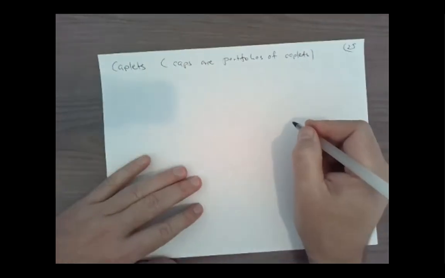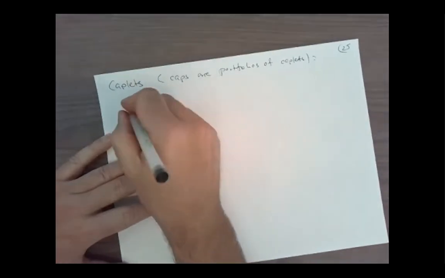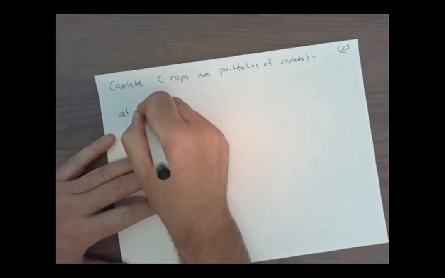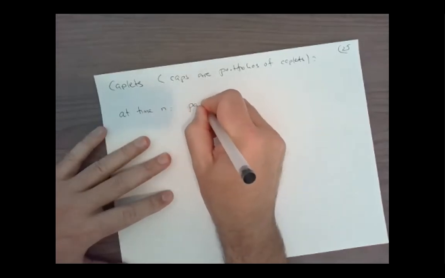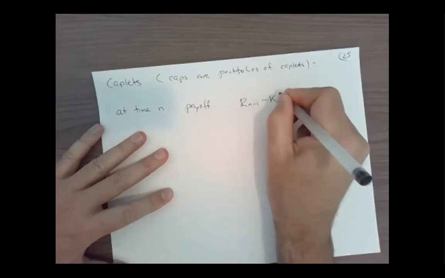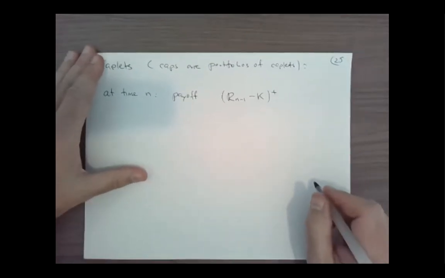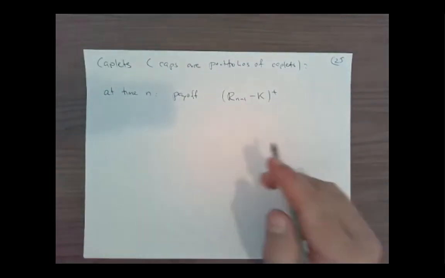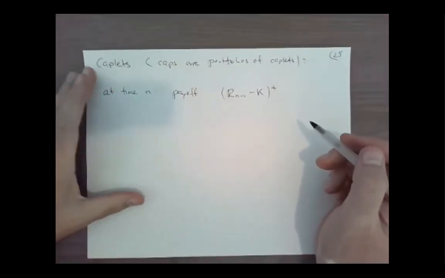So for a caplet, the payout at time n is R_{n-1} minus a strike, positive part. So it's an option; in this case, it's a call option written on the interest rate.